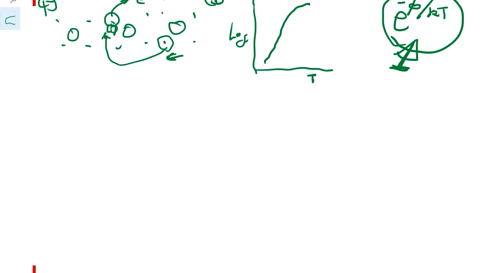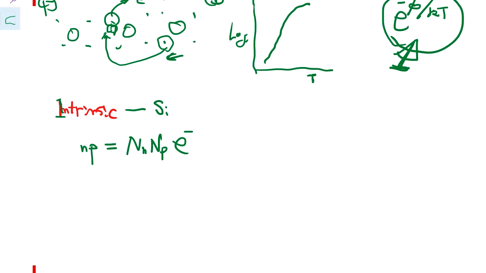Now, assume it's intrinsic. Intrinsic means silicon only and a perfect crystal. We take a geometric average, and this one is going to be N and P, e to the minus (E_conductance minus E_valence) over kT, right? So a geometric average. Why a geometric average?